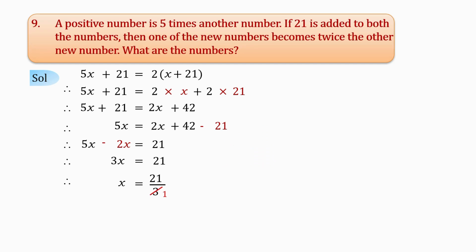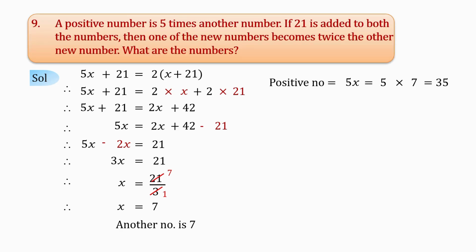So what we got is x equal to 7. So this is one number we got. The other positive number will be 5 into x, that is 5 into 7, that will be 35. Hope it is clear to you.